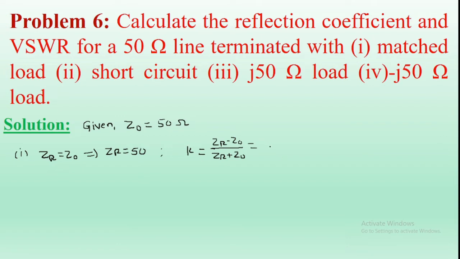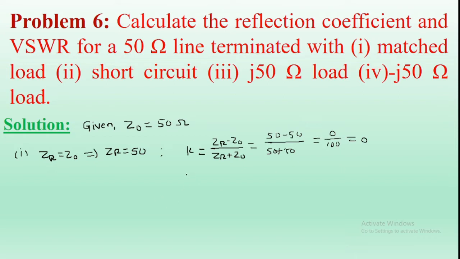So therefore ZR is 50. 50 minus 50 divided by 50 plus 50. So 50 minus 50, 0, divided by 100. 0 divided by a constant value is 0. The reflection coefficient K is equal to 0.